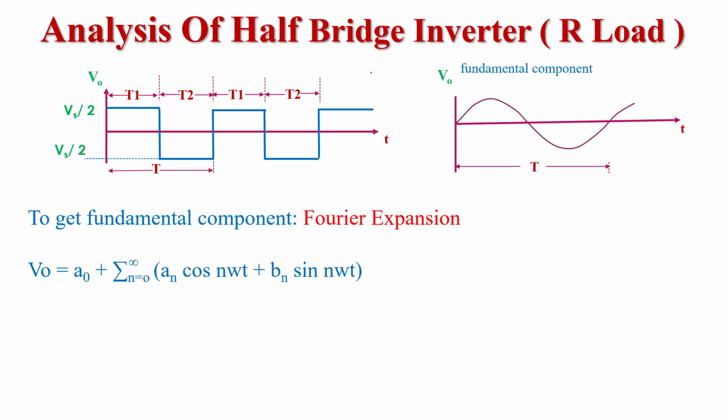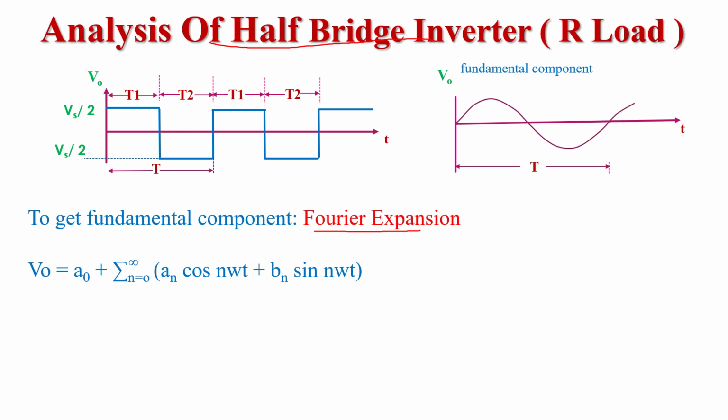Now the analysis of the half bridge inverter with resistive load. To analyze any circuit, two questions arise: why we do analysis of any circuit and how we do analysis of any circuit. Why and how? These are the two questions that arise in our mind. The analysis of the half bridge inverter is done with the help of Fourier expansion.